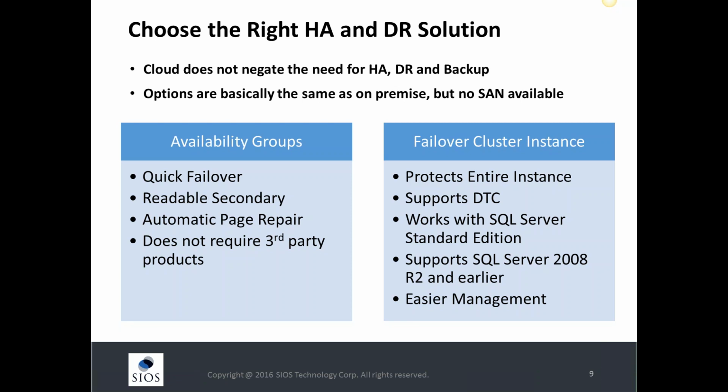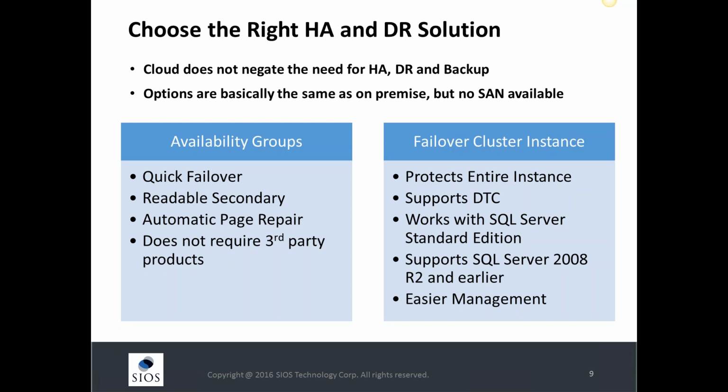But when we start talking about high availability, really the two solutions out there today, that same as on-prem, is going to apply in the cloud, where you can deploy Always On availability groups or an Always On failover cluster instance.